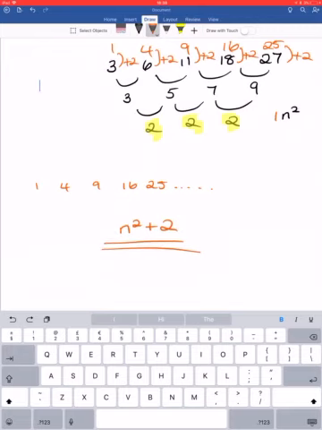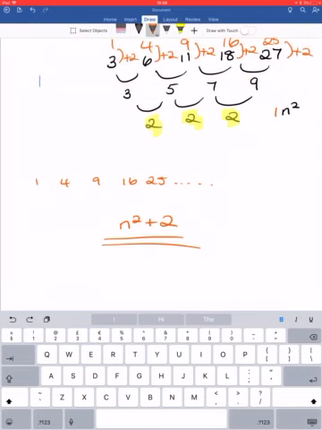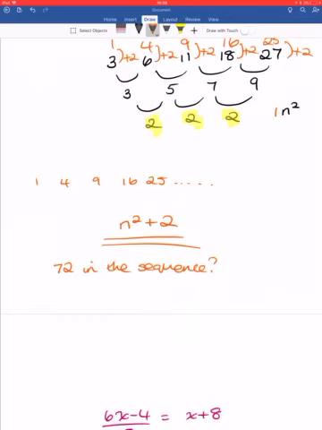And then they could ask me something like, is 72 in the sequence? What you need to do is just test it out and say 72 equals n squared plus 2.